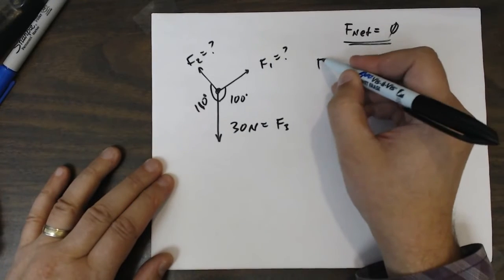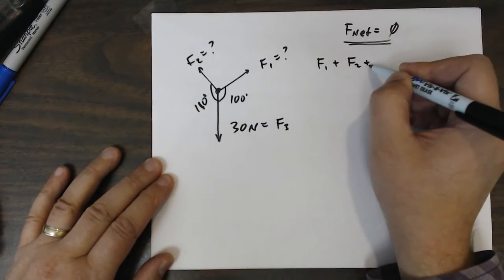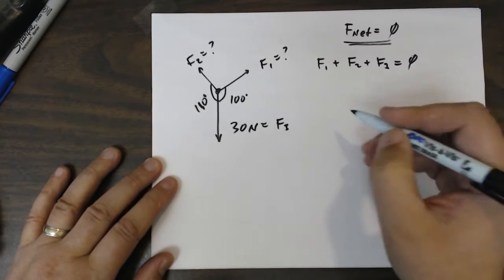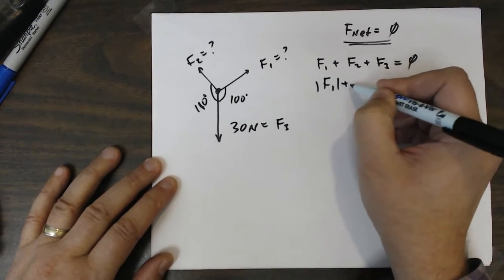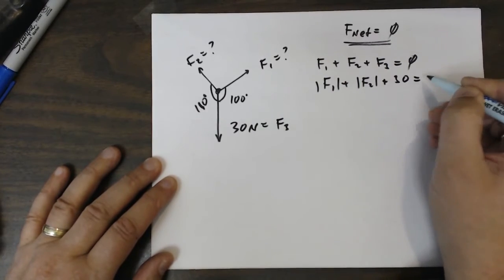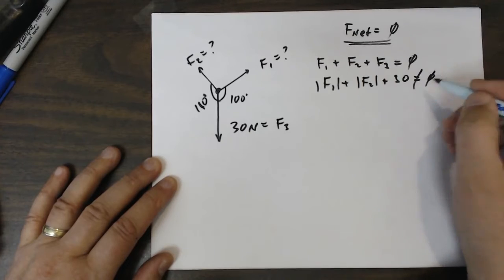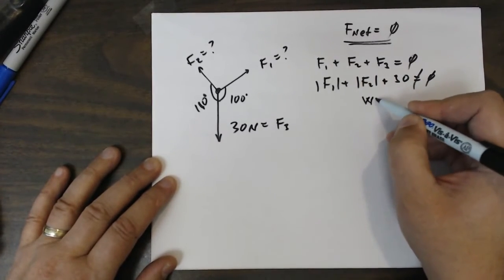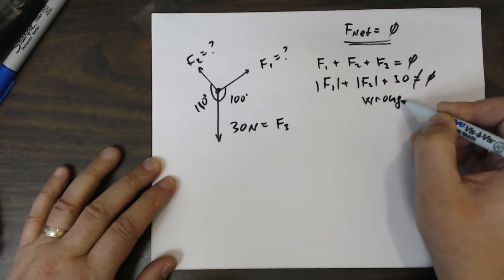Which means again F1 plus F2 plus F3 equals to 0. But we can't add the numbers which represent magnitudes because that never works. So that is wrong.